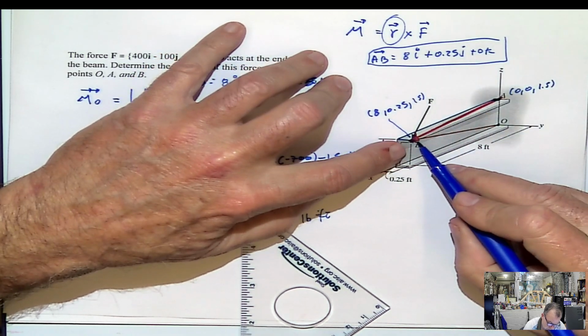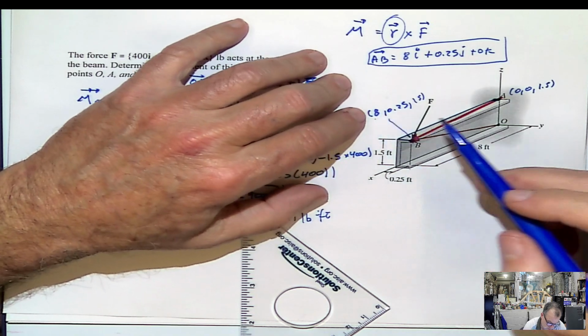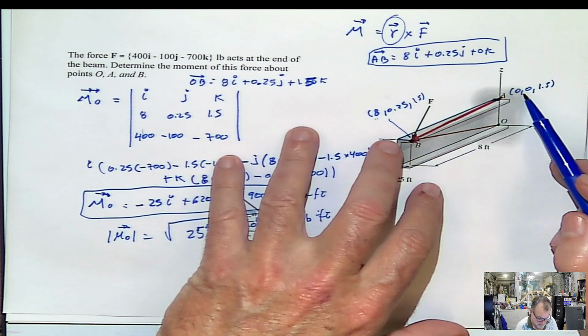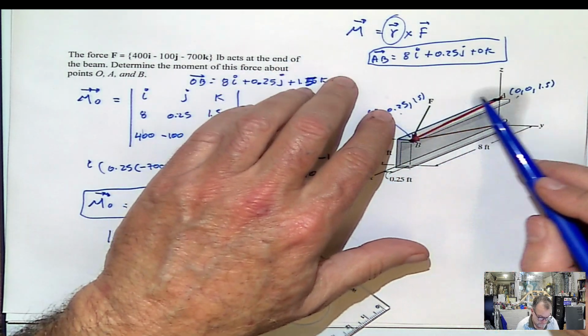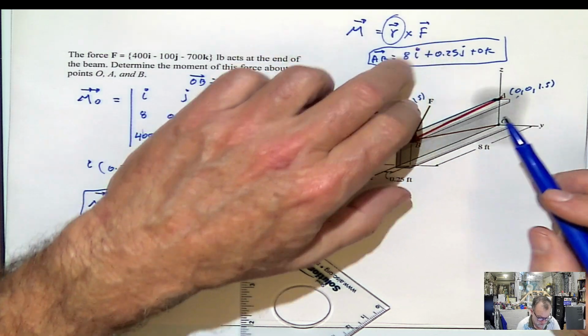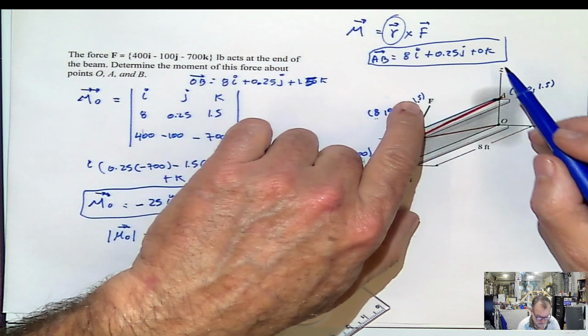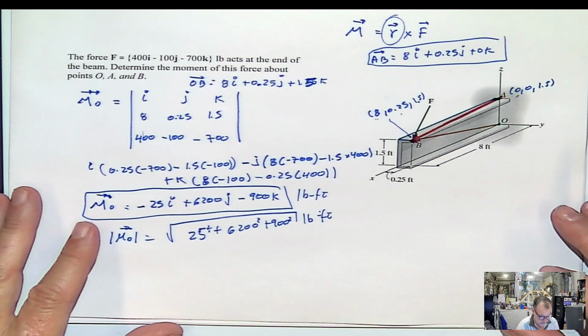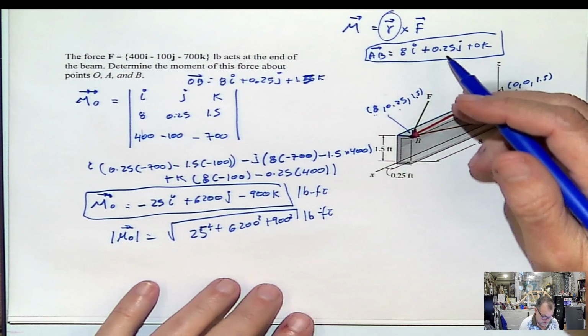And now you subtract B minus A. 8 minus 0, 8. 0.25 minus 0, 0.25. 1.5 minus 1.5, 0. Whatever way is the easiest for you or you can handle. You do it. And this is the arm.